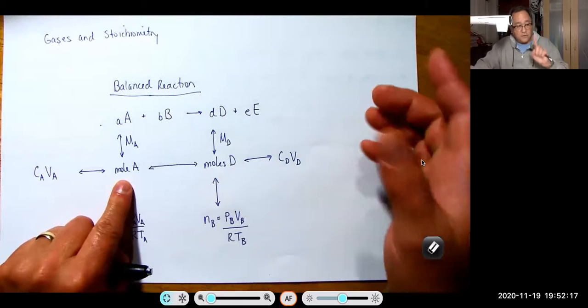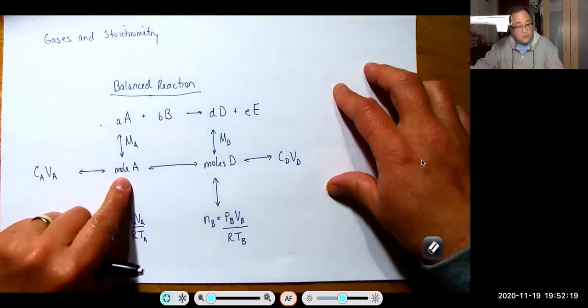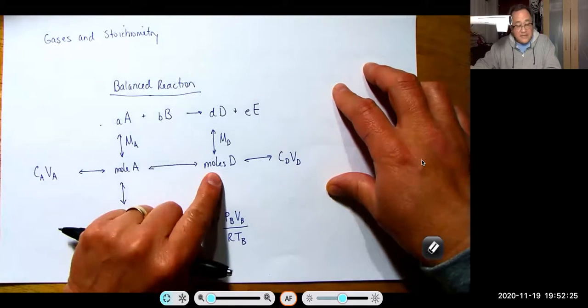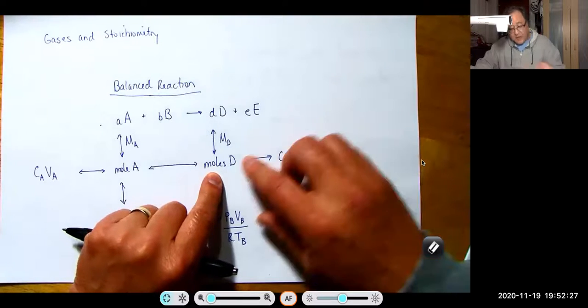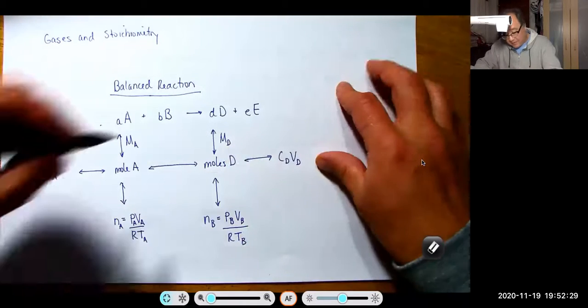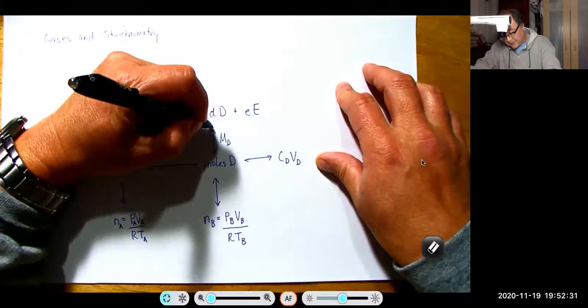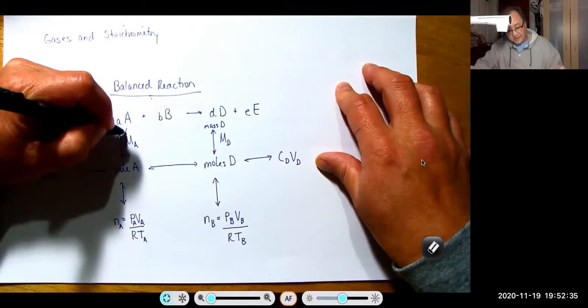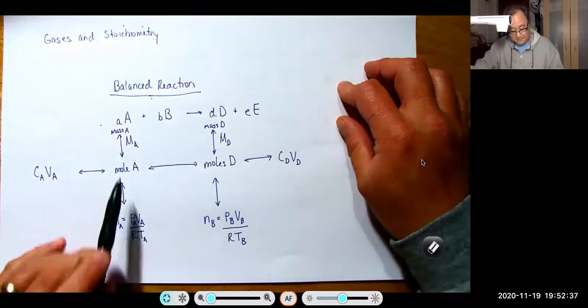We learned first that you can get moles of A using the molar mass of A if you start with the mass of A. You can get the moles of D if you have the molar mass of D. So here I'm going to put mass of D and mass of A. So that's how you get to moles of A.